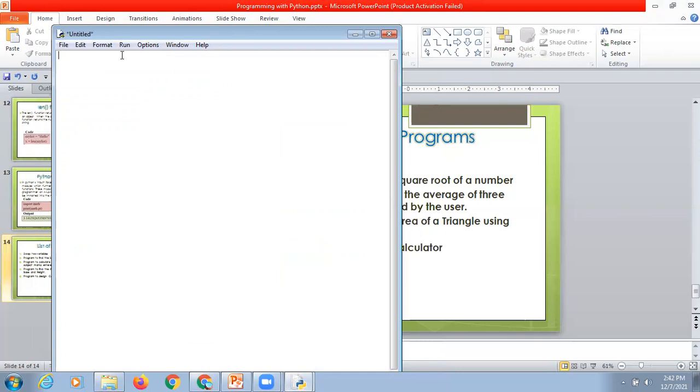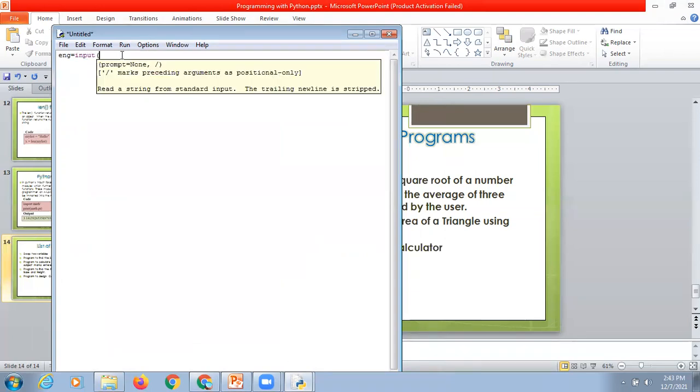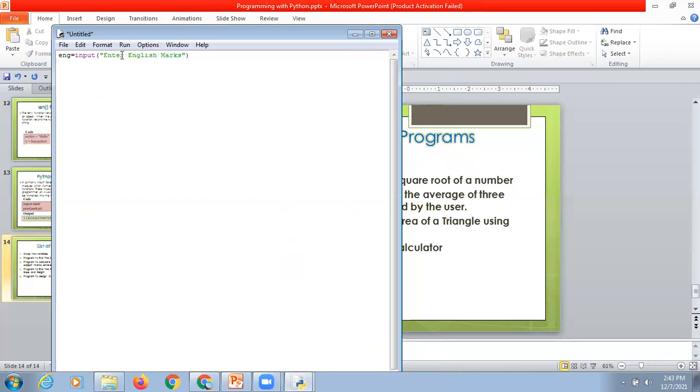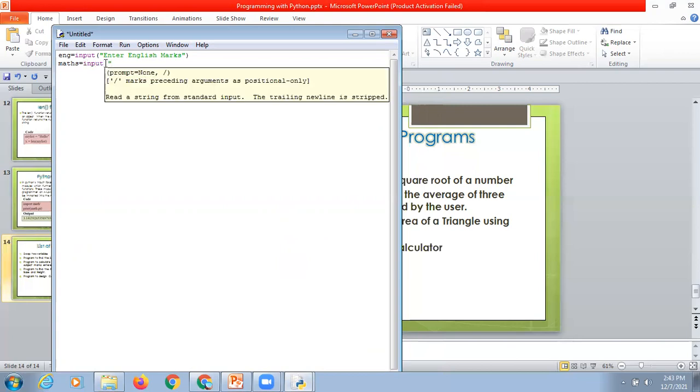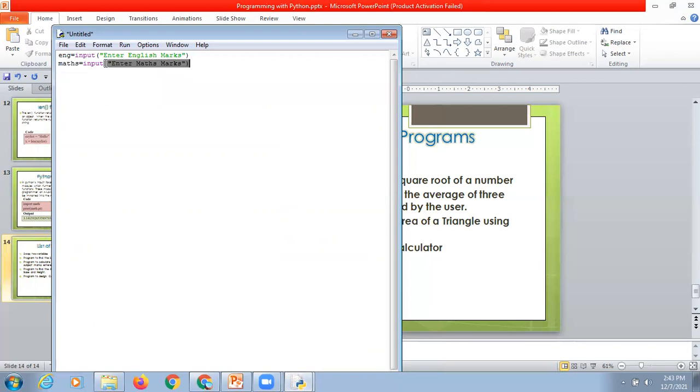variables: English, ENG, input, enter English marks, then I'm taking one more variable math, input, enter maths marks, and third is, let's say, science.